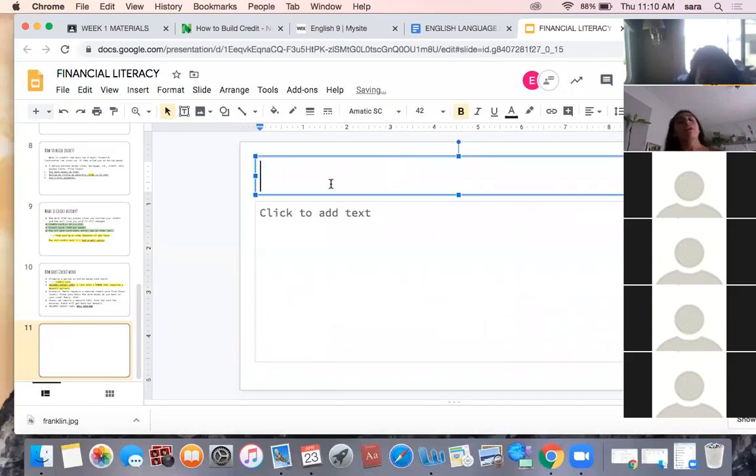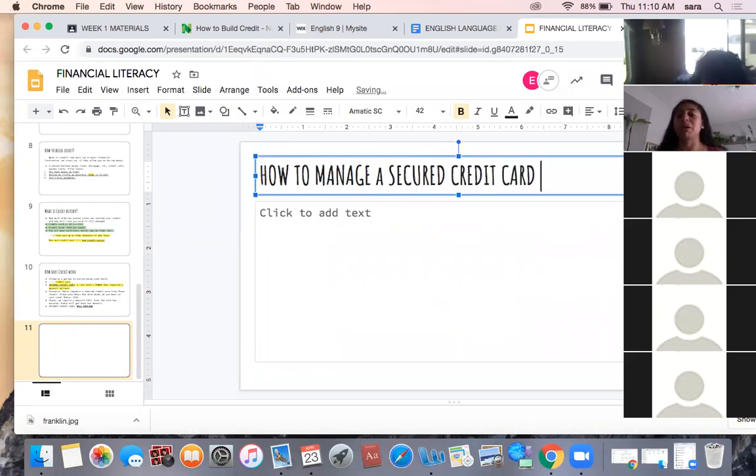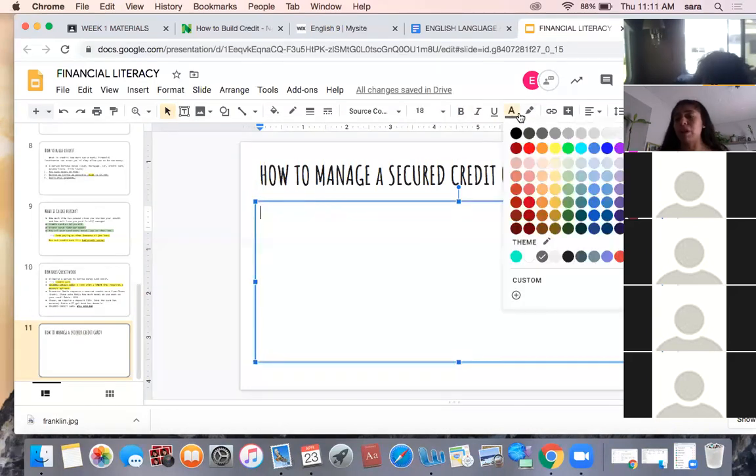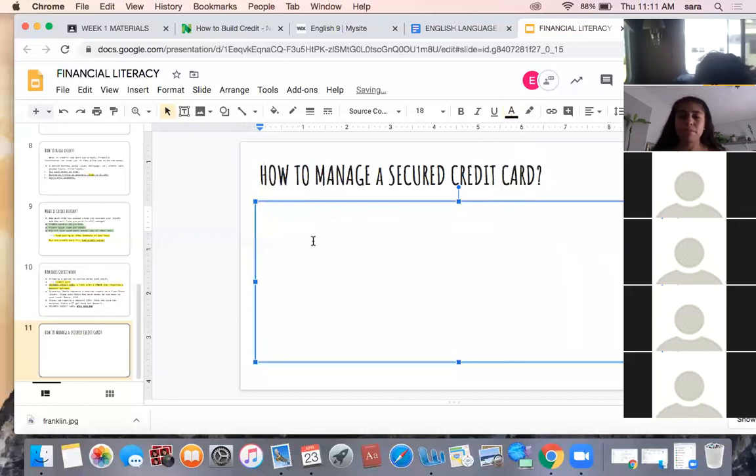Now, how to manage a secured credit card. Remember, we are learning how to start your credit score, right? We'll talk about it a little bit more later. The best way to start your credit score is not to go $20,000 in debt by buying a car.